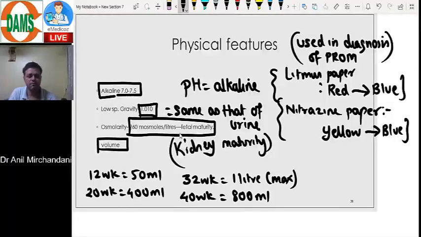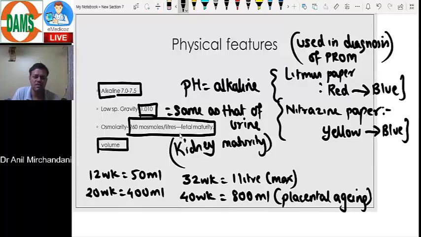Why has it reduced? Why have amniotic fluid levels gone down? Because of something called placental aging. The placenta is now becoming aged, calcified. So placental aging will reduce the amount of amniotic fluid. Got it?